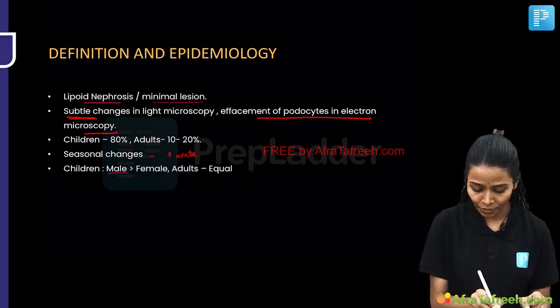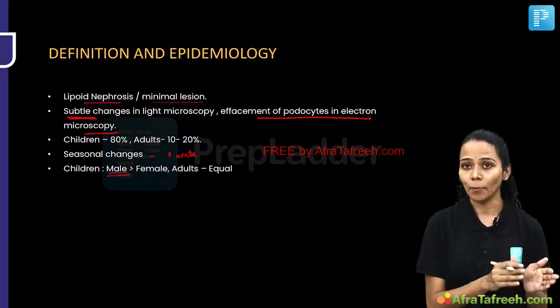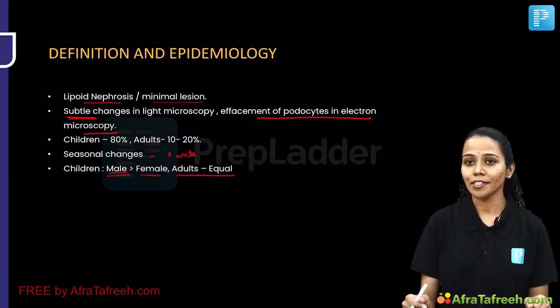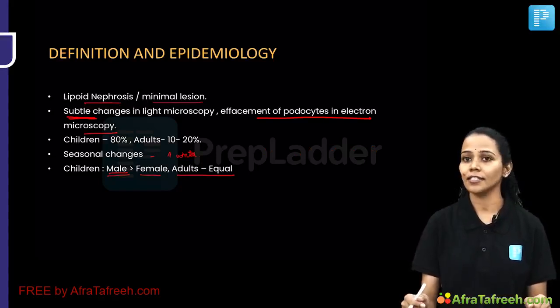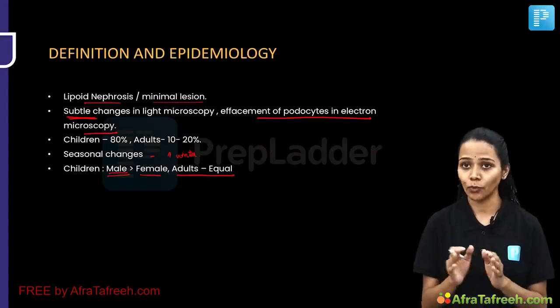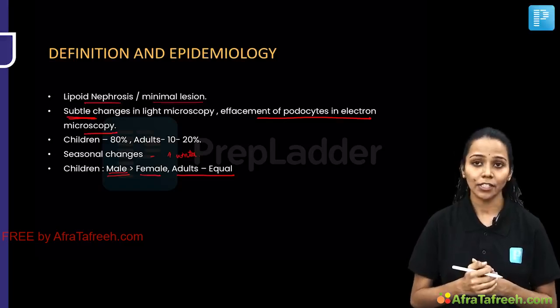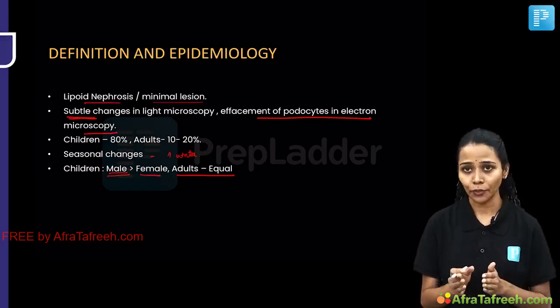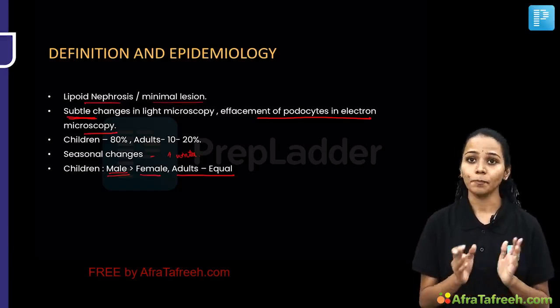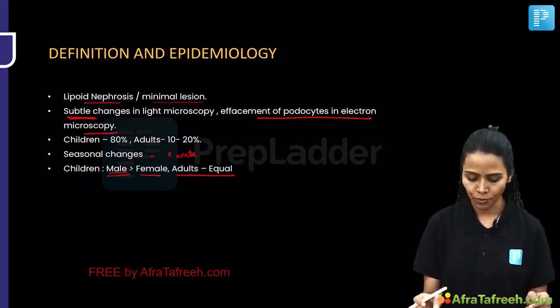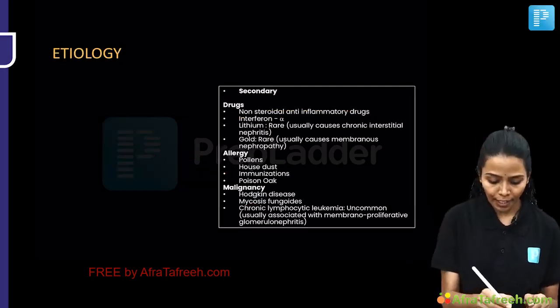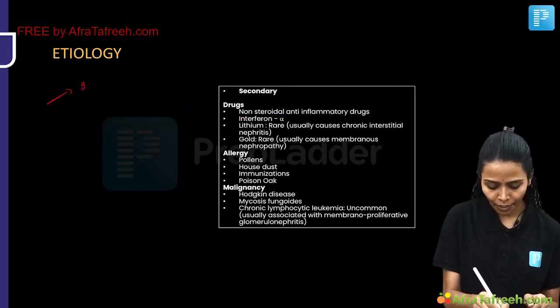Among children, male children have a higher probability of acquiring the disease compared to females, whereas in adults, males and females have equal predisposition.